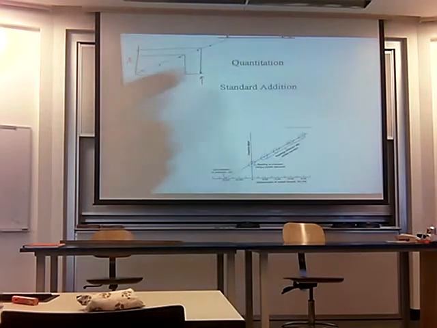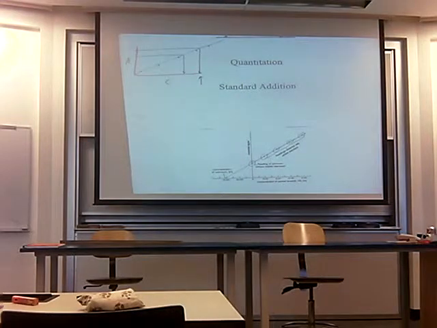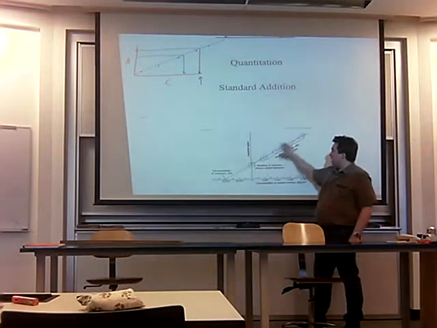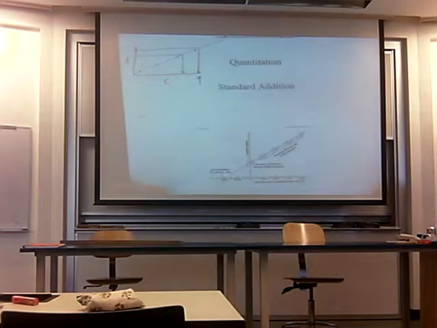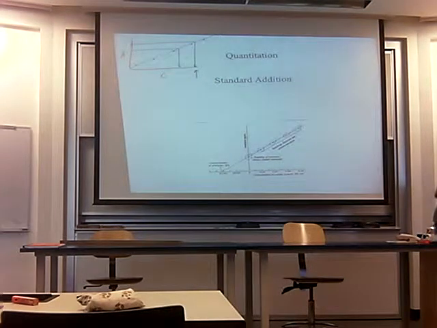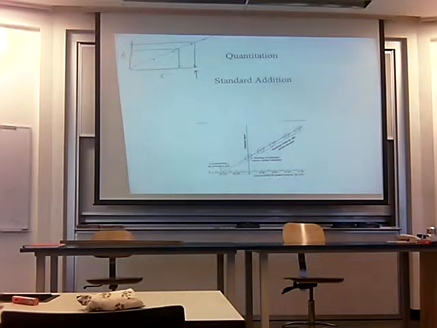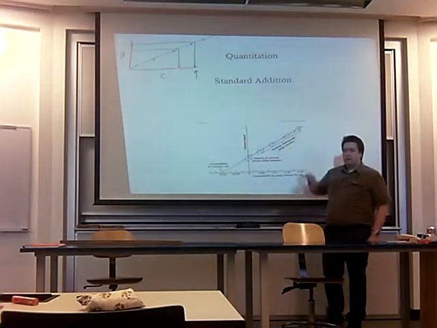Not just affecting our unknown measurement while not affecting our standard ones. So by mixing the actual unknown in each of these, we have the same amount of matrix in each of them. We have the same matrix effect, whatever the effect is from whatever's in the background. Even if we don't know what's in the background and know how it's affecting things, we can say that it's affecting each of these data points in the same way, because each of these data points has the same amount of matrix.